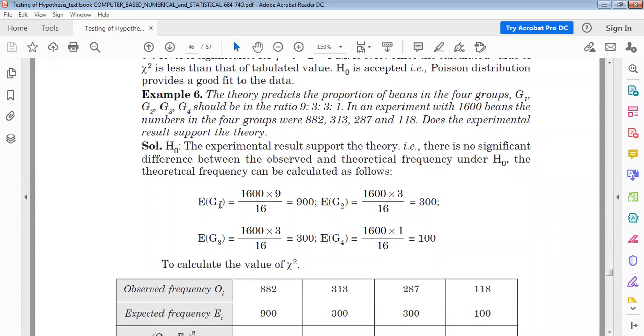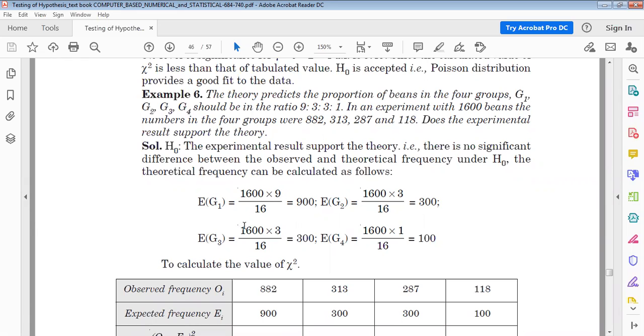So the expected value for the first group will be what? Total multiplied by the ratio of the first group, 9, divided by the sum of the ratio. It will be 900. Similarly for the second group, total multiplied by the ratio of the second group, 3, divided by the sum of the ratios, will give 300.